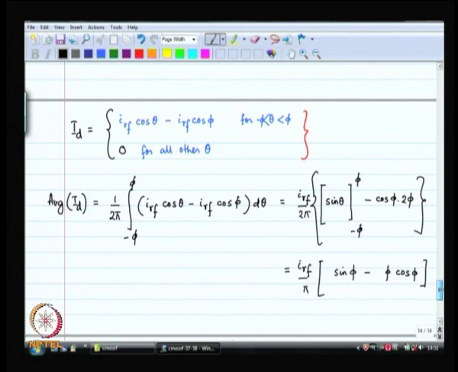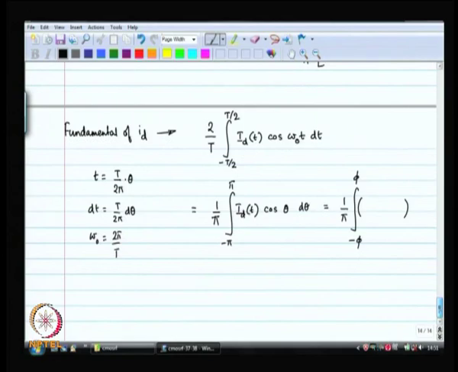It is IRF times cos theta minus cos phi. Right.